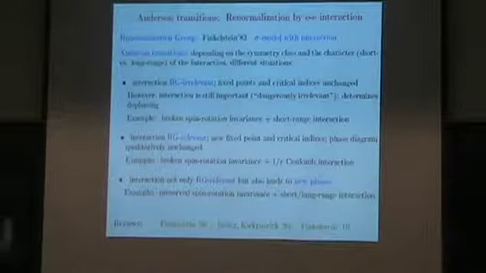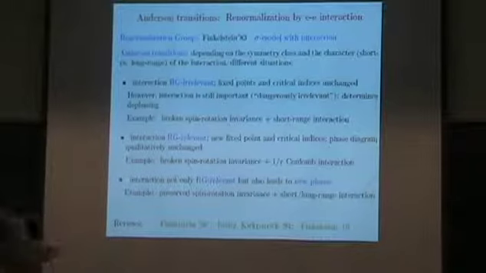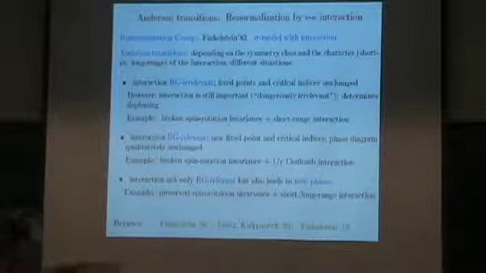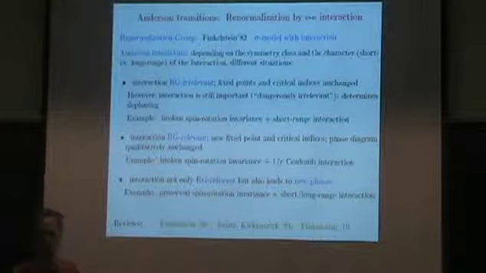Now, the second case is that there are new fixed points and therefore new critical indices. However, the phase diagram remains qualitatively unchanged. An example of this is the same quantum Hall effect, or another more general system with broken spin rotation invariance with a Coulomb interaction.